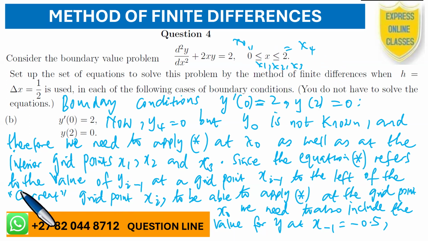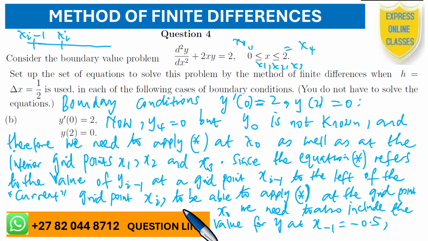Since equation star refers to the value of y sub i minus 1 at x subscript i minus 1, to the left of the current grid point, if the grid point is xi, then xi minus 1 is to the left in terms of its position.